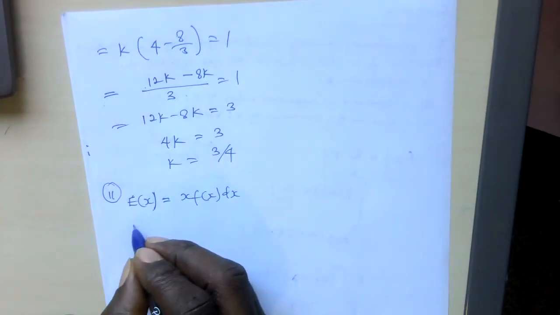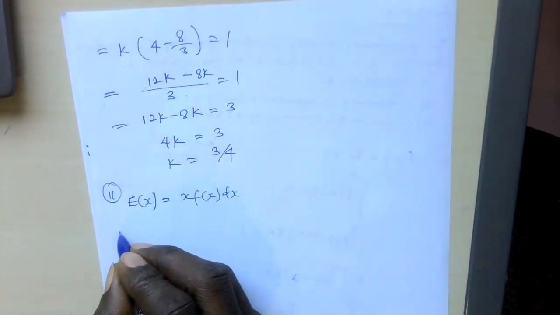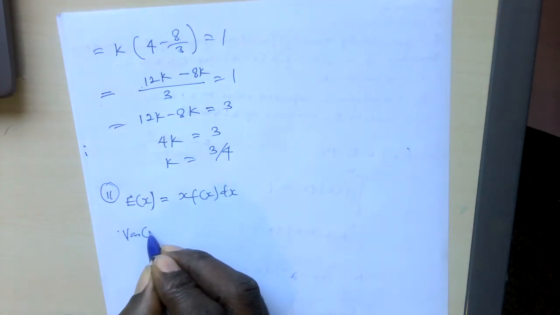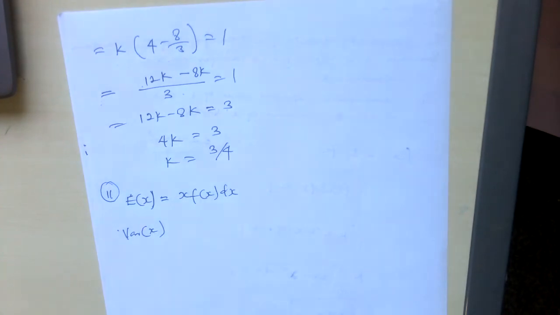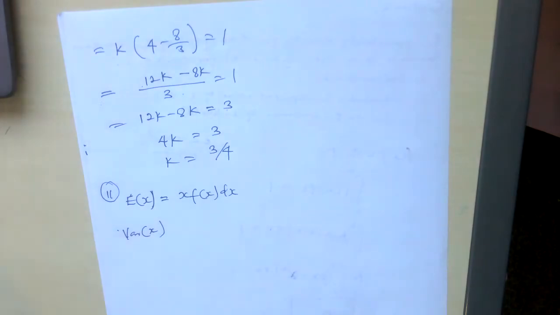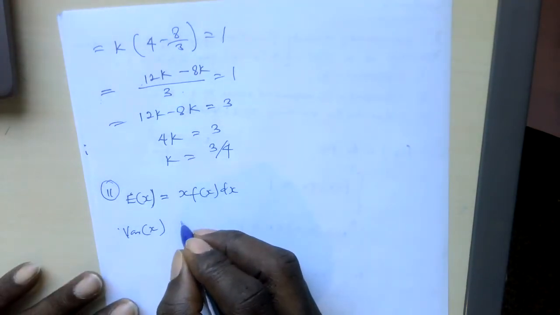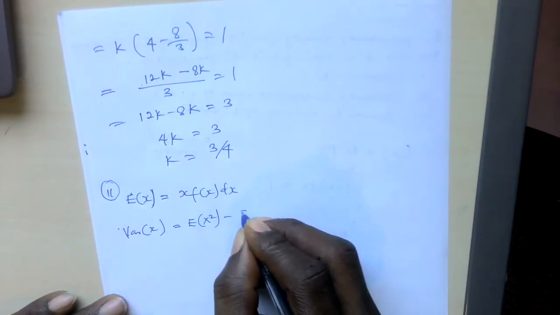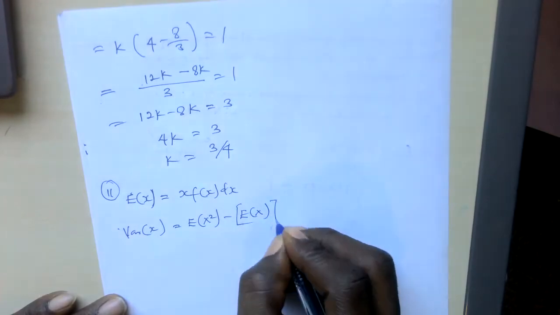Then the variance of x under this is the expected value of x squared minus the expected value of x, all squared.